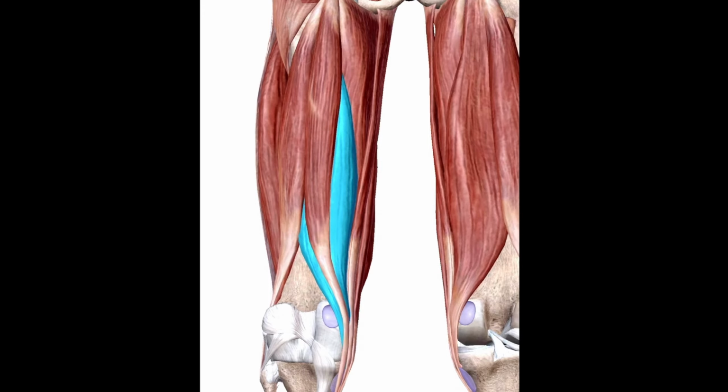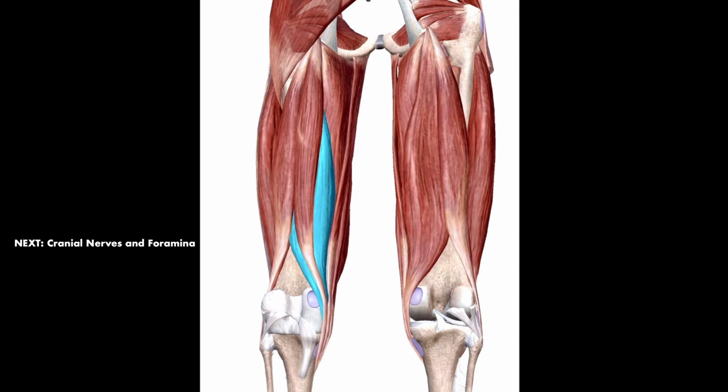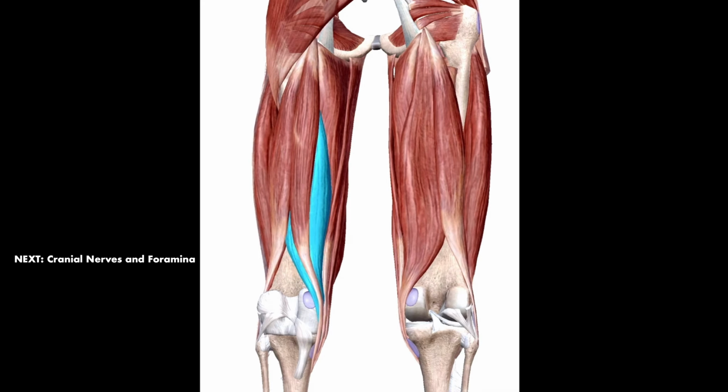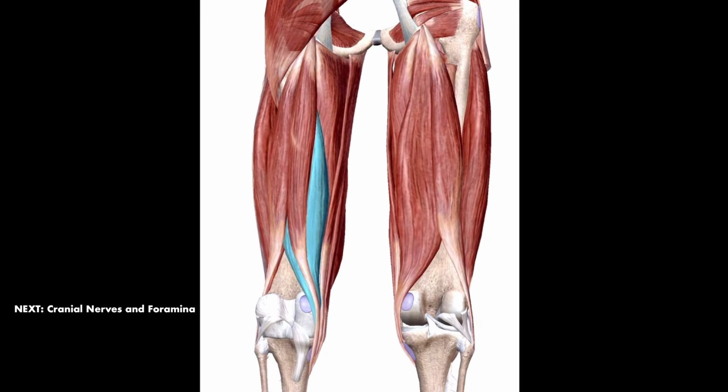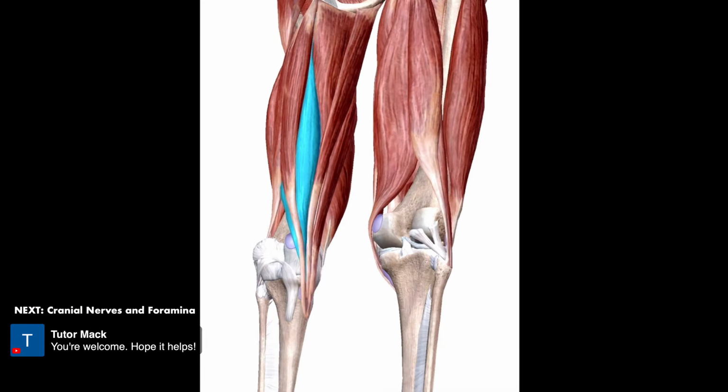Origin, that's right, ischial tuberosity. Insertion, that's right, anterior superior tibial medial condyle. Action: extension of the hip, flexion of the knee, medial rotation of the knee, and our innervation, of course, is the tibial nerve.